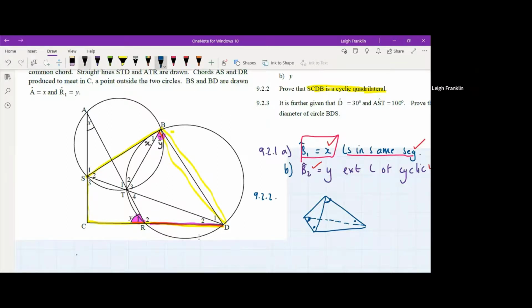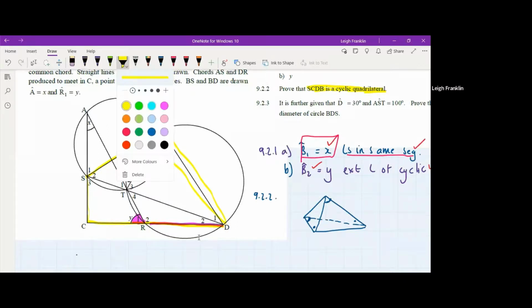I'm pointing that out to you because we know that B1 is X and we know that B2 is Y. So we know that this entire angle over here is X plus Y. Now we need to try and think about why is it X plus Y? Is there a reason that they've told us? Is there something that we can use?